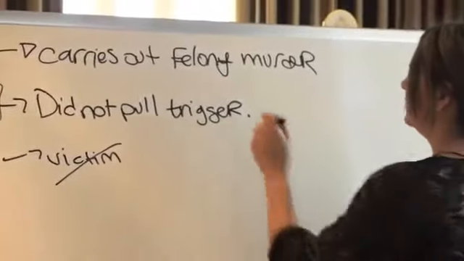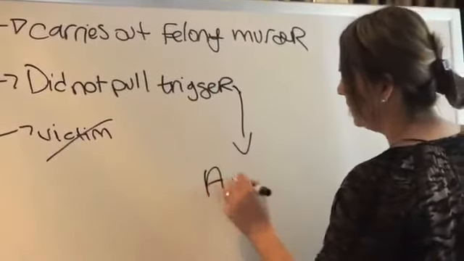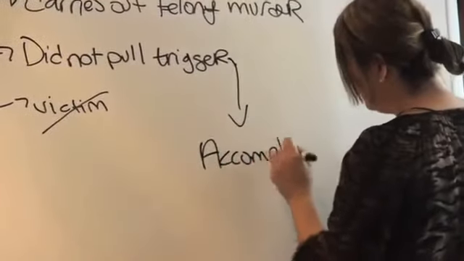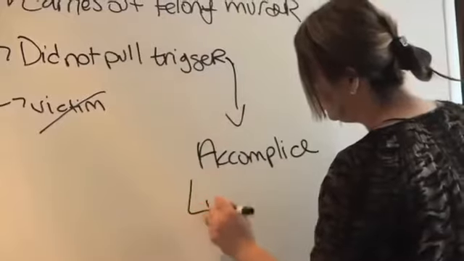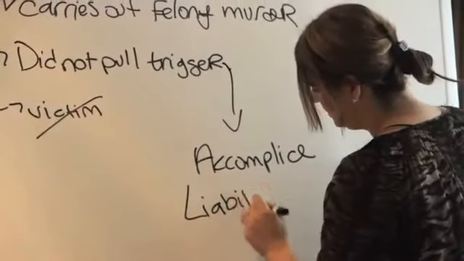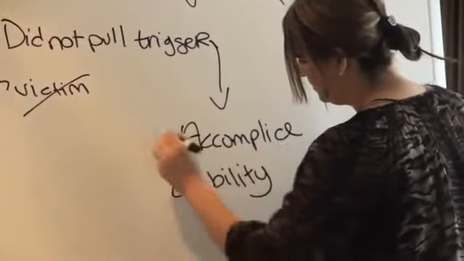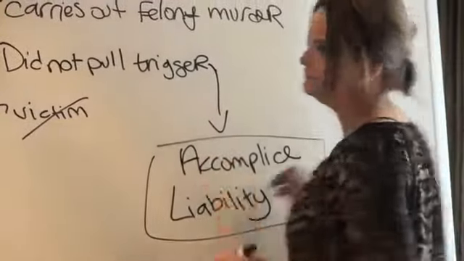So did not pull the trigger, the issue is accomplice liability. With that being said, you must know the rules for accomplice liability, heavily tested on both the essay and the MBE portion of the exam.